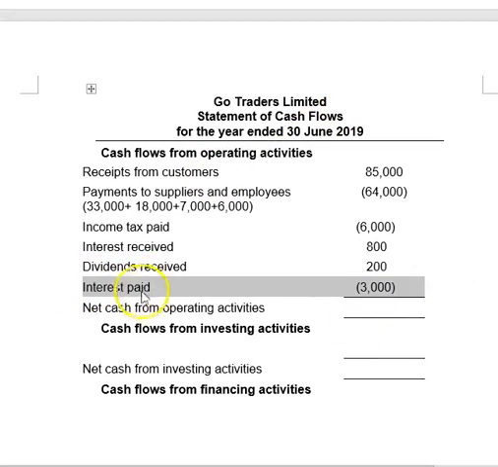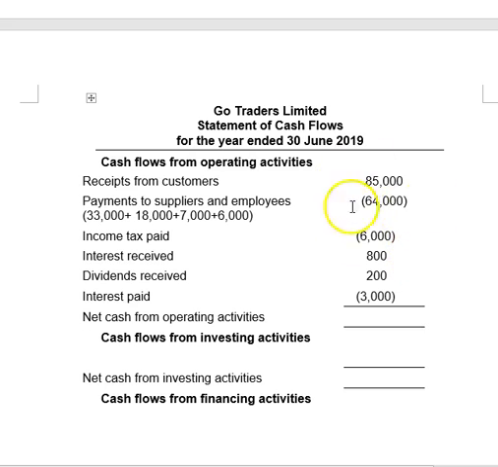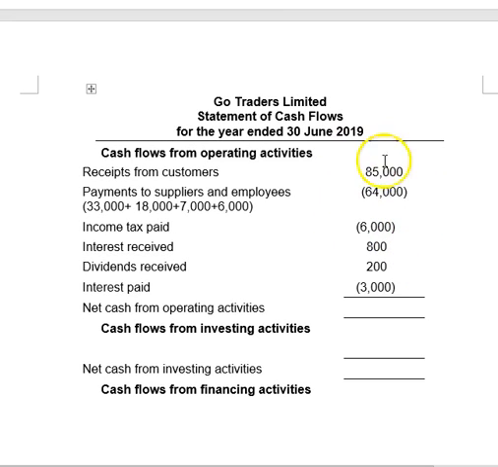Interest paid is a cash outflow, so don't forget to put a negative figure. And don't forget, payments to suppliers and employees and income tax paid are also cash outflows. Whenever you have a cash outflow, don't forget to put a negative bracket, because later when we sum everything up, we need to add all the cash inflows and minus all the cash outflows.